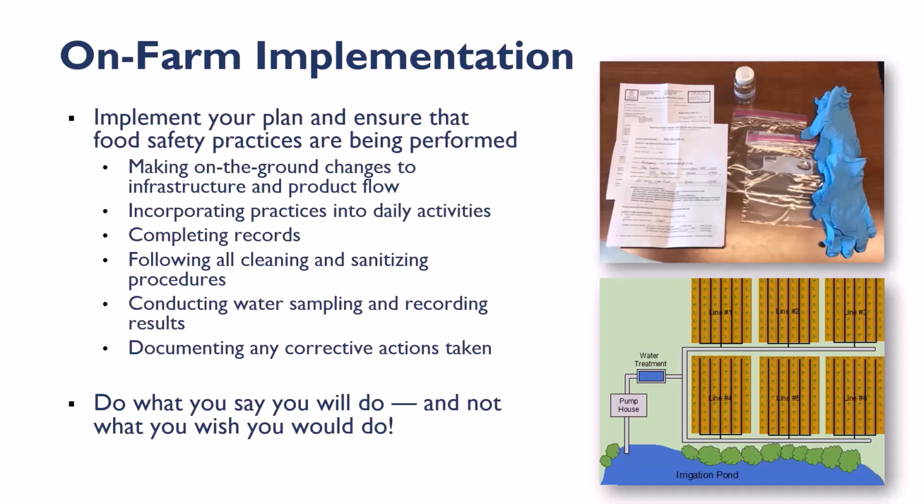It also means completing records at the appropriate times, following all cleaning and sanitizing procedures at their scheduled intervals, conducting water sampling, and recording the results, as well as documenting any corrective actions that need to be taken. While having a well-completed plan of action is great, it is the follow-through that makes your food safety plan successful in mitigating risk. Always do what you say you will do and not what you wish you would do.